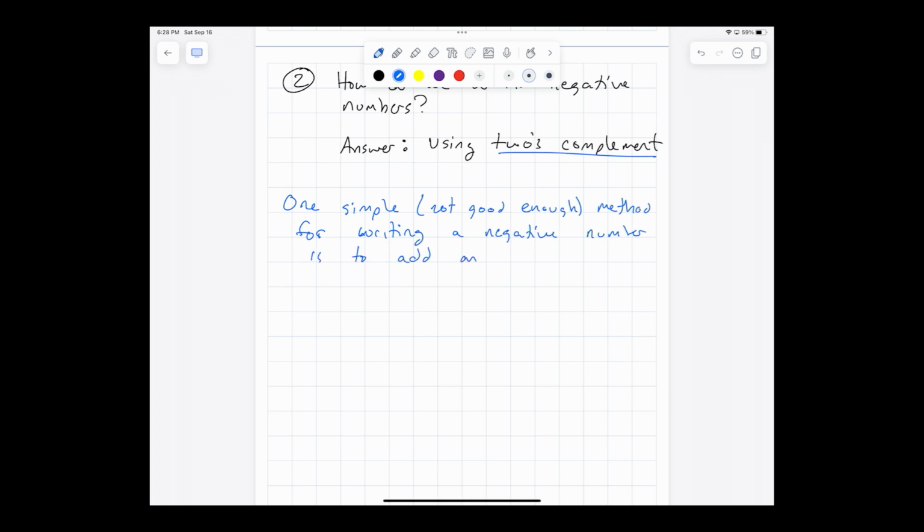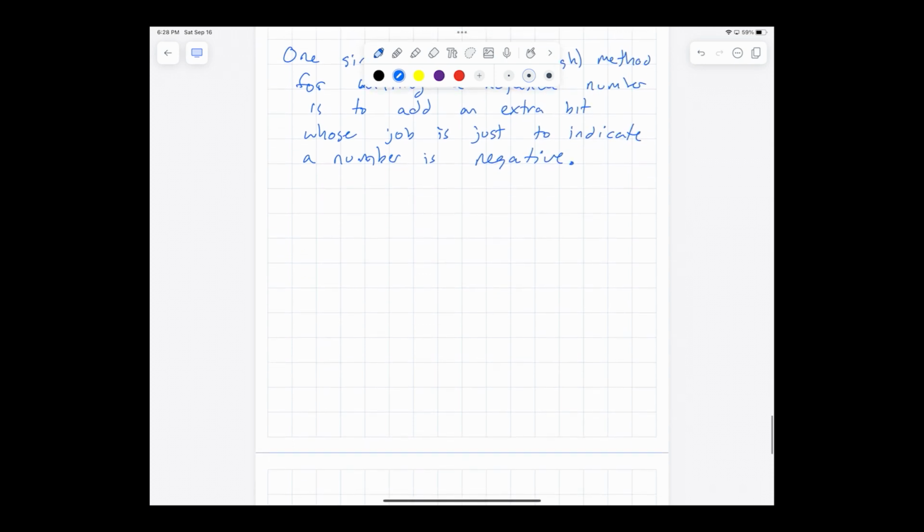So we just add an extra bit whose job is just to keep track of whether or not the number is negative. So what would that look like? That would look like this. Just imagine a number.